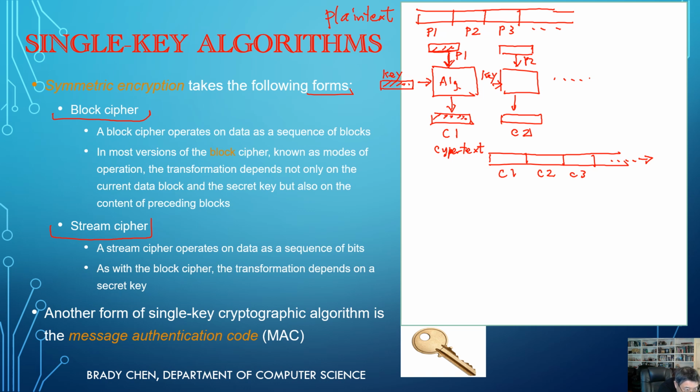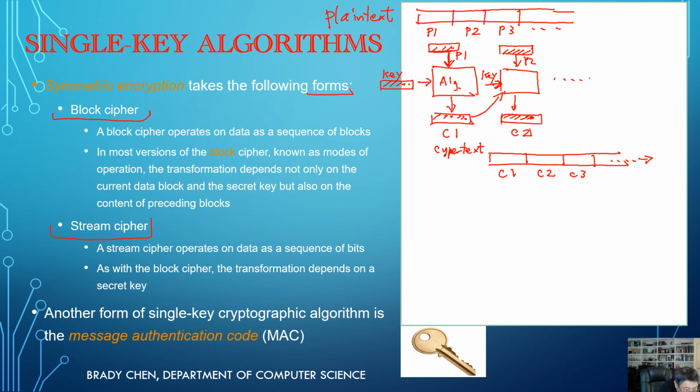In the second case, P2 is mixed with the key and also mixed with C1, the previous block of ciphertext, and then generates C2. So C2 contains the information of P2, the plaintext block, the key, and C1, which is the ciphertext of the previous block.